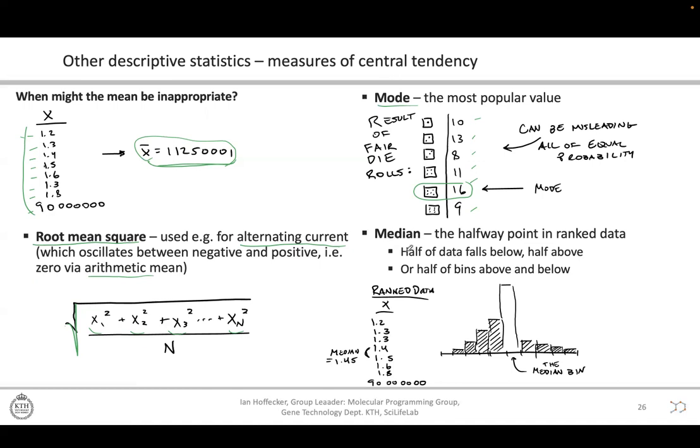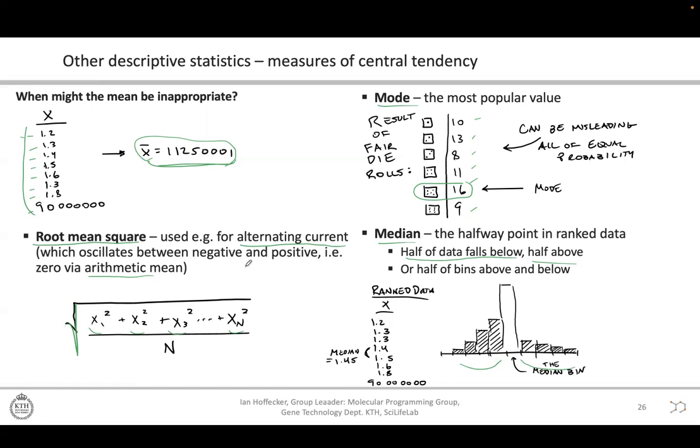Another measure of central tendency to consider is the median. We mentioned this earlier with the box plots: it's the halfway point in ranked data. Another way to think about it is that half of the data falls below and half of it above. If we did this with binned data, we would be able to count that half of the data is occurring above and below the bin that we choose.